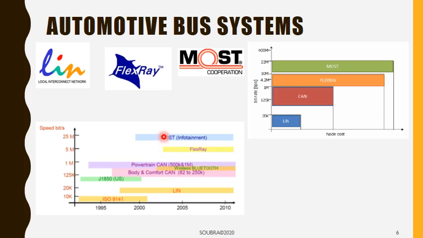And the highest speed bus among the 3 here is the MOST, and it's apparently used for infotainment, and we talked about that in a previous lecture. So infotainment is the concatenation of 2 words, information and entertainment, right?